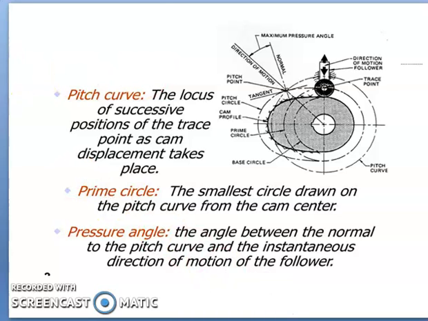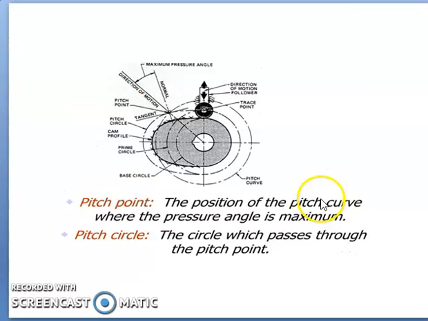Pitch point. When you are finding out the pressure angle on the pitch curve, it will be different at different points. The position on the pitch curve where the pressure angle is maximum is called the pitch point. The pitch circle is the circle which passes through the pitch point.